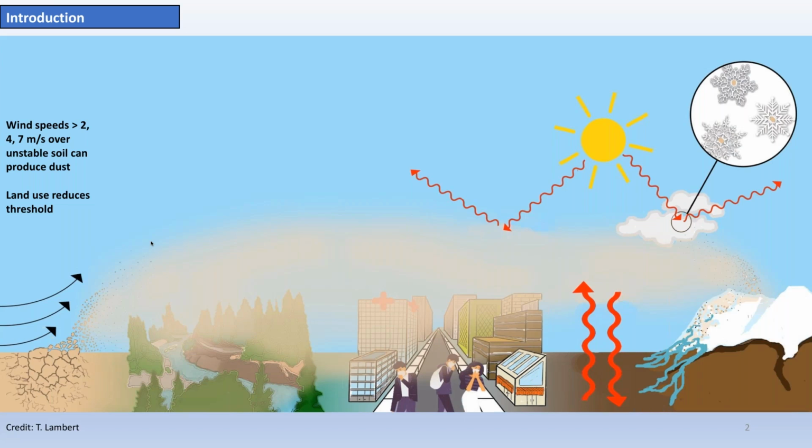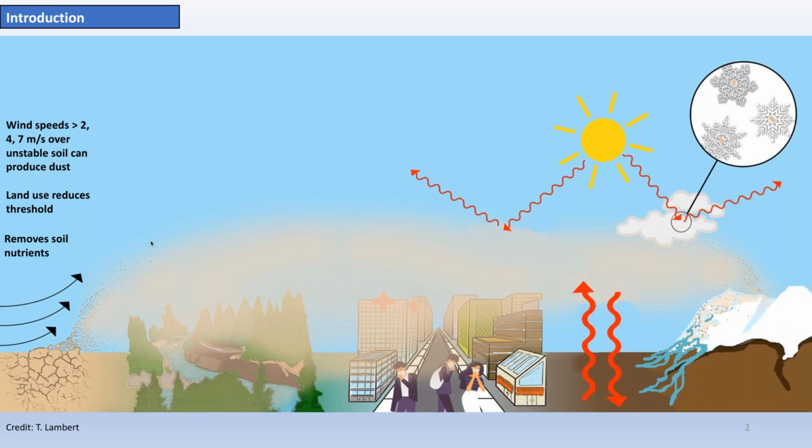But I will say the more recent literature sets the thresholds at some of the lower limits. And if you introduce a land use change, that would further reduce the wind speed threshold, making it more likely for dust emissions to occur.